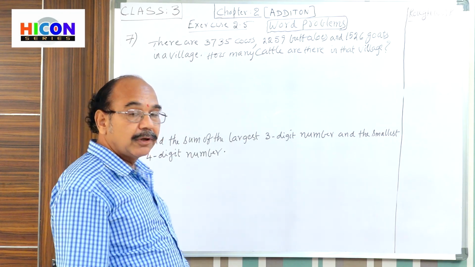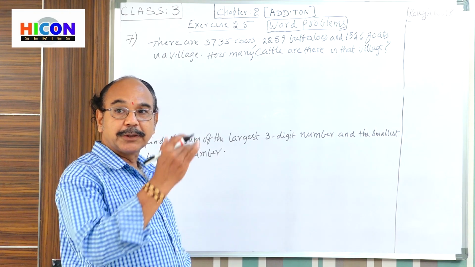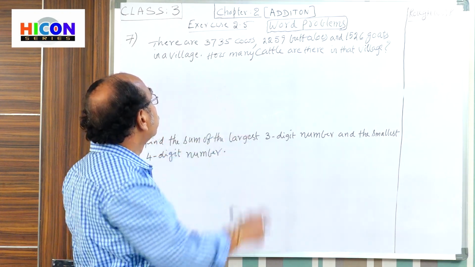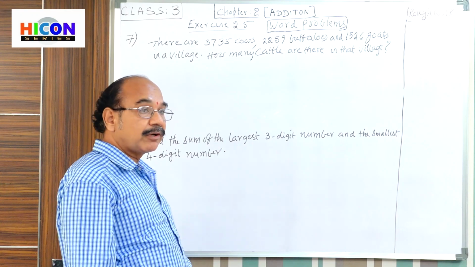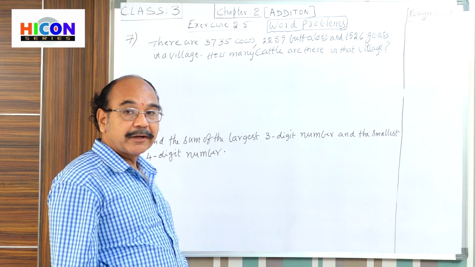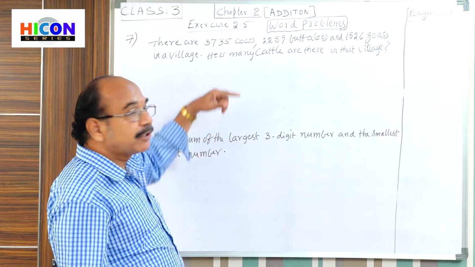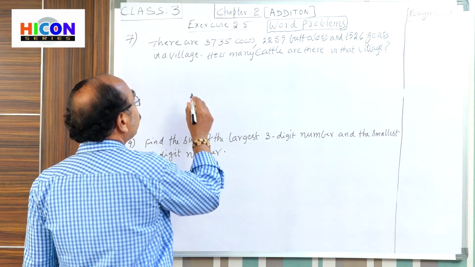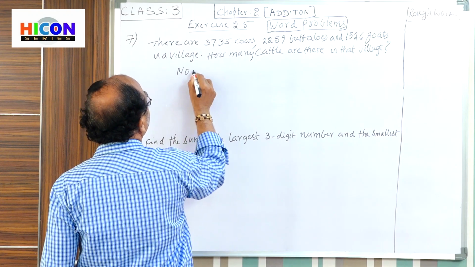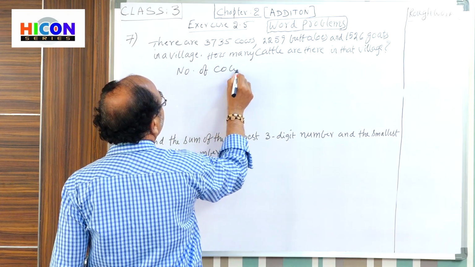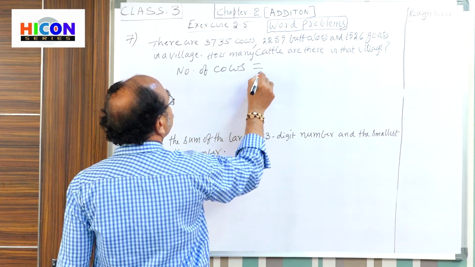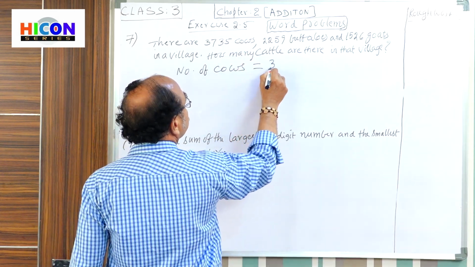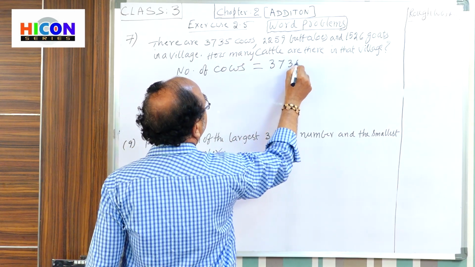You observe and write as steps. First one is: there are 3,735 cows. How many cows are there in the village? 3,735. So we write it as a step. Number of cows is equal to 3,735.